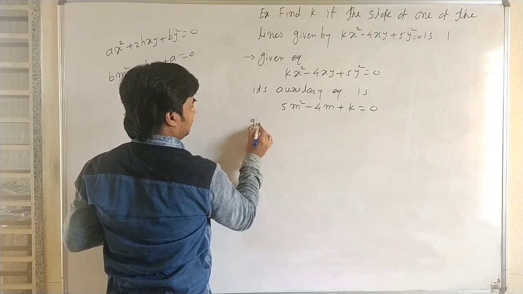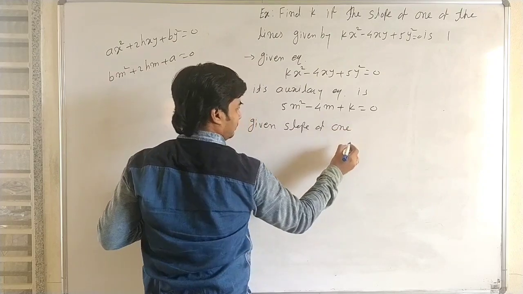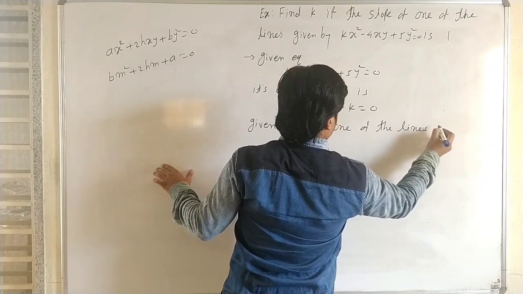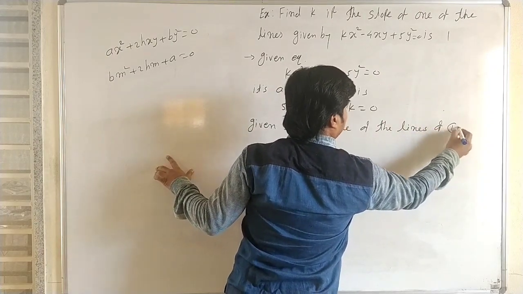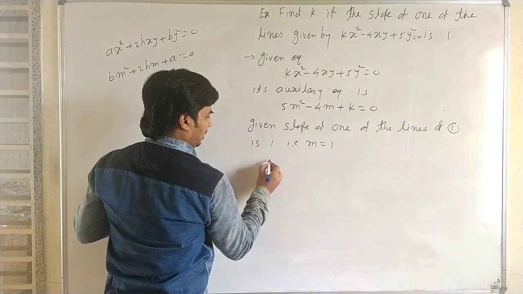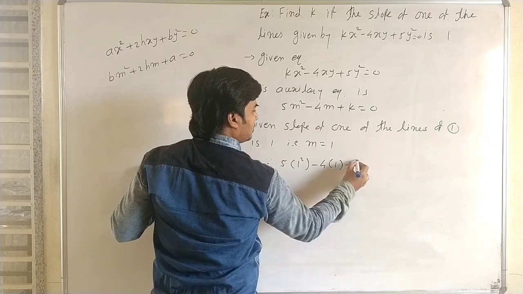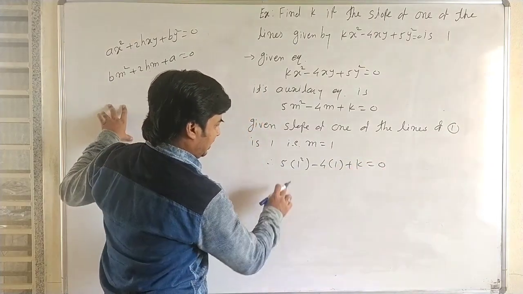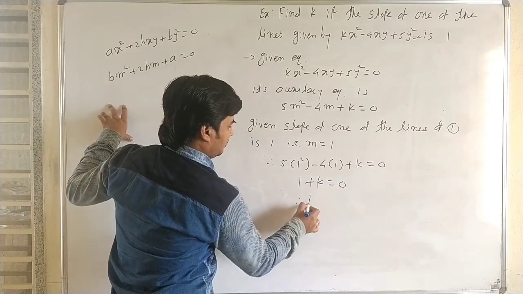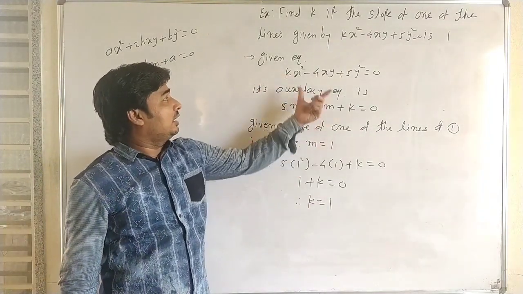Here it is given that the slope of one of the lines is 1, that is m is equal to 1, and therefore the auxiliary equation is 5 into 1 square minus 4 into 1 plus k is equal to 0. Then 5 minus 4 is 1, plus k is equal to 0, and therefore k is equal to minus 1.